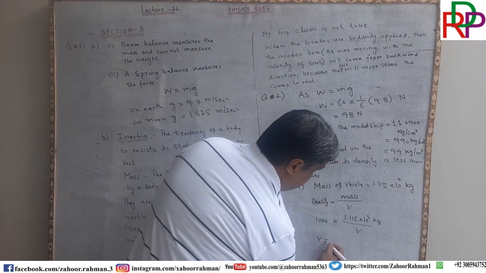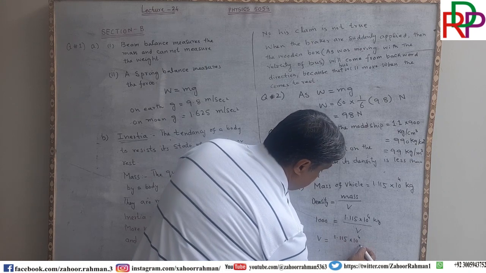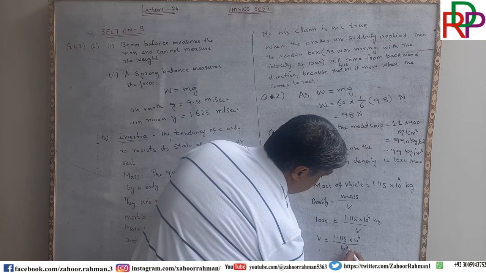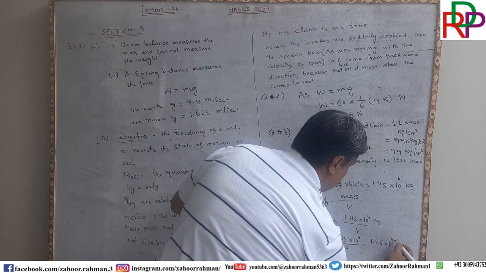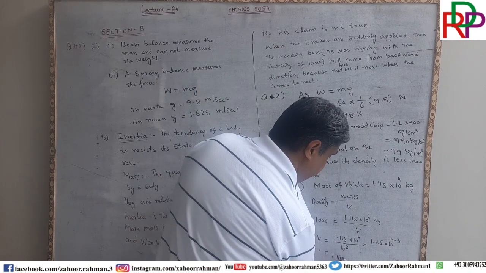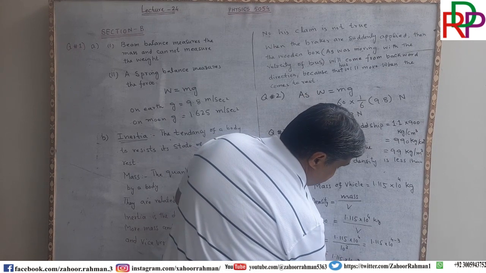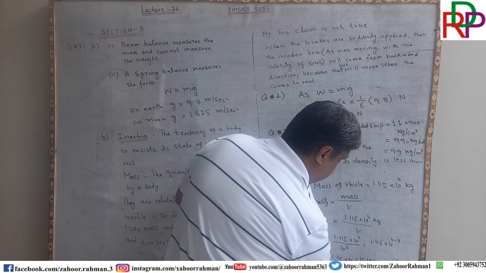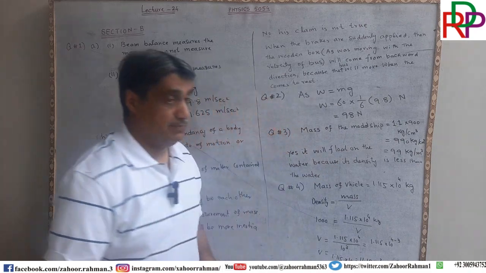So we can write here volume is equal to 1.15 into 10 raised to the power 4 divided by 10 raised to the power 3, 1.15 into 10 raised to the power 4 minus 3, and that is equal to 1.15 into 10 meter cube.